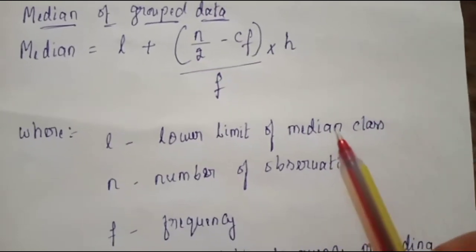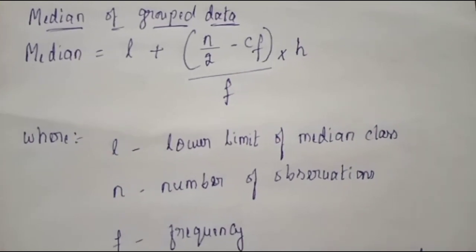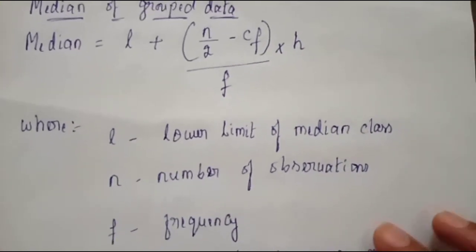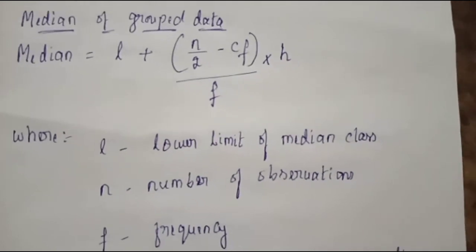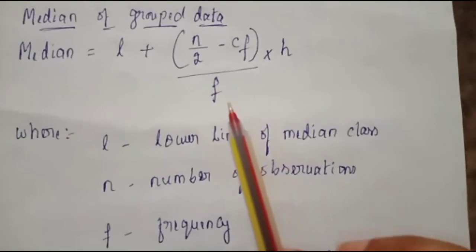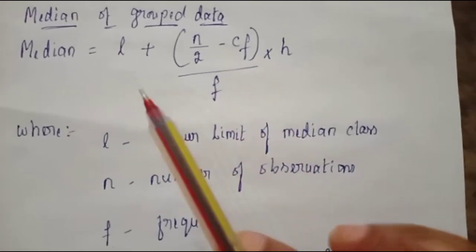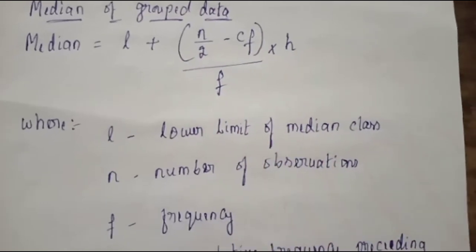In the next video, let me start the next exercise, that is exercise 14.3. There you have 7 questions related to the median of grouped data. There we are going to use this formula and first find the median class, then find L, CF, F and H, and substitute to get the median.